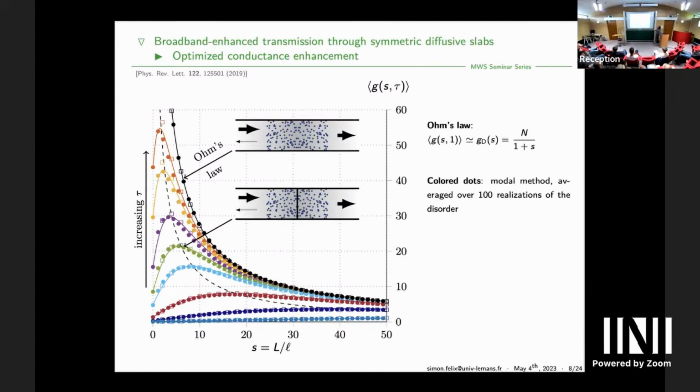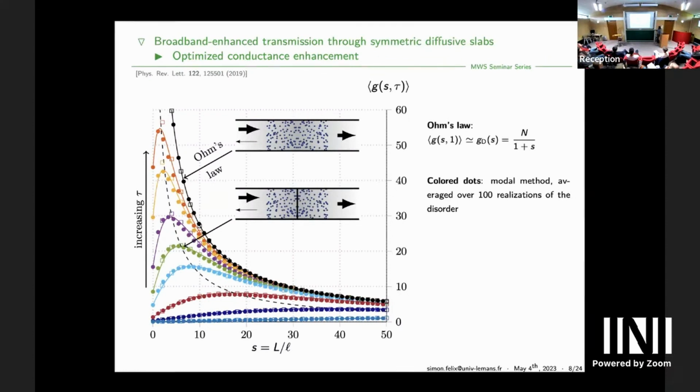Increasing tau means that the barrier is more and more transparent as I go up. For each color, I have one value of this. So we see different things on this. The first one is that indeed we reach a maximum for a given value of tau, of the barrier transmittance. We have somewhere a maximum of the conductance when we play with the length of the symmetric slab.